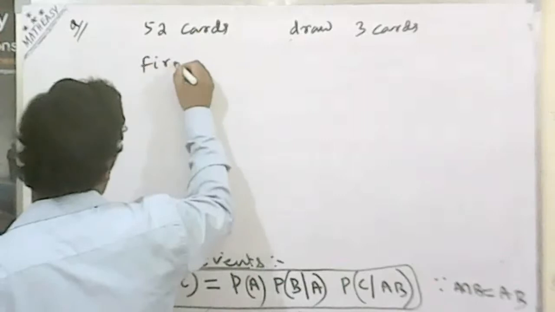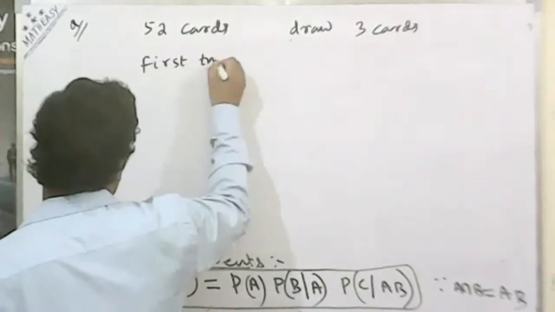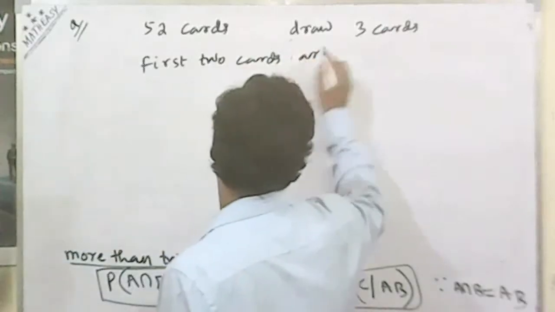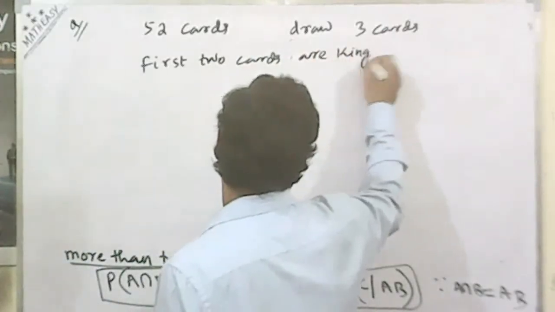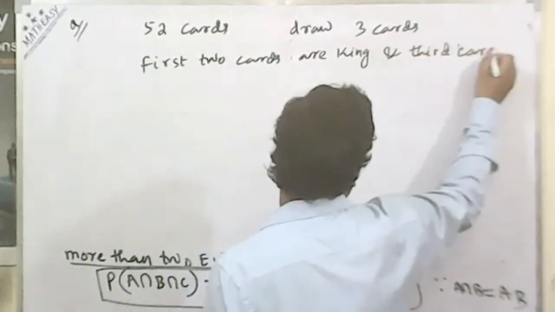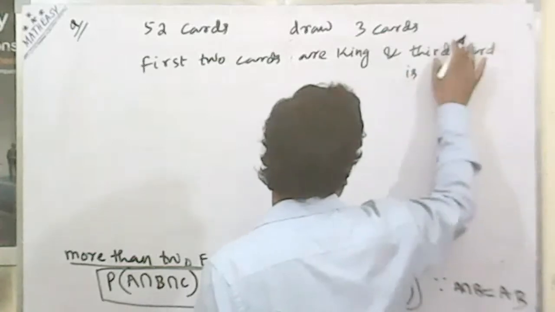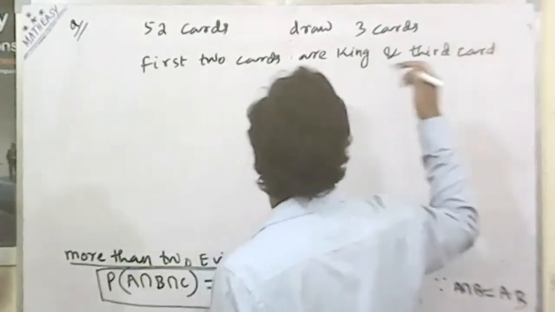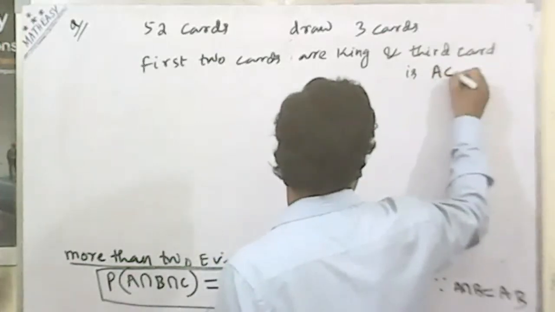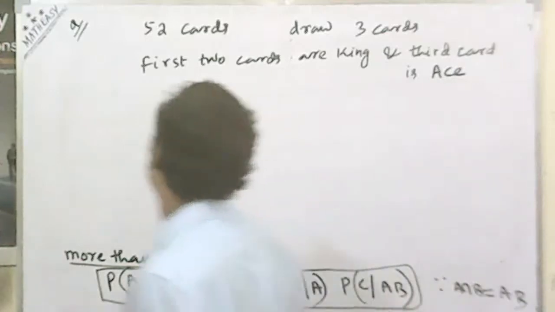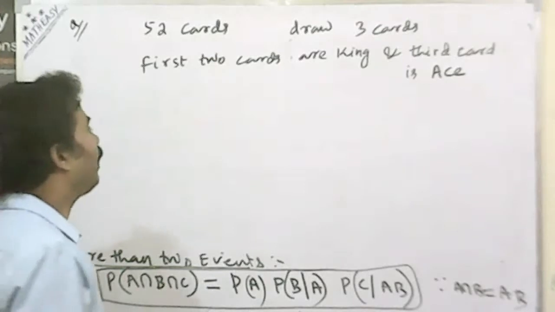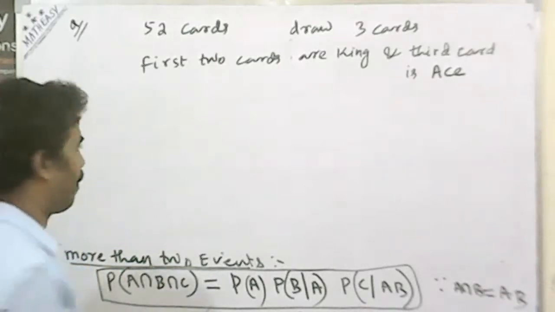First 2 cards are king and third card is the ace. Then what is the probability of this?